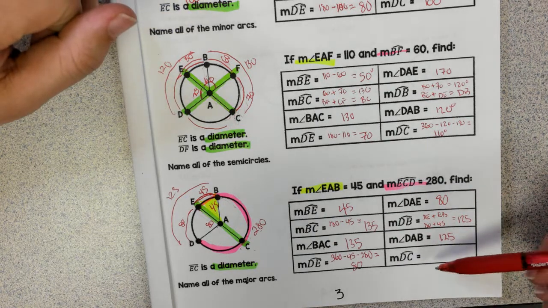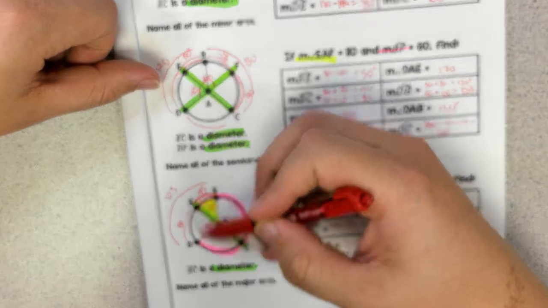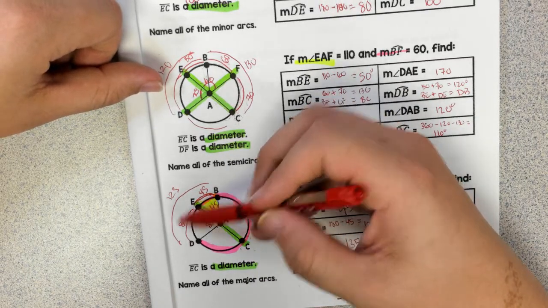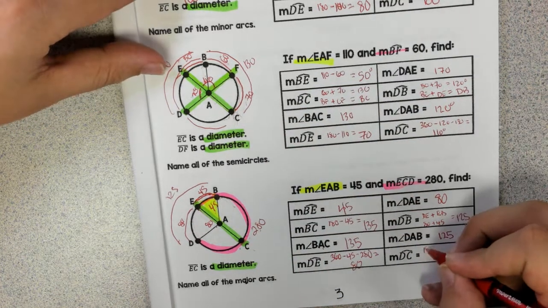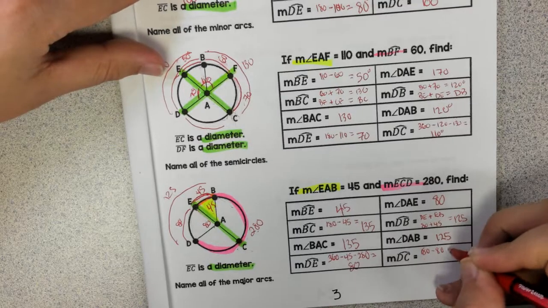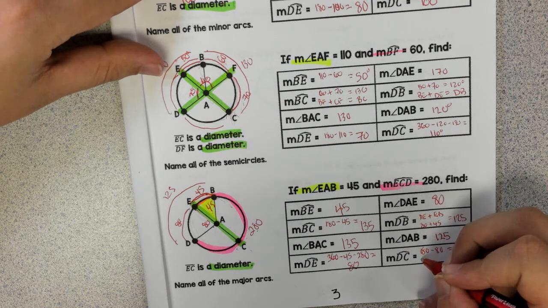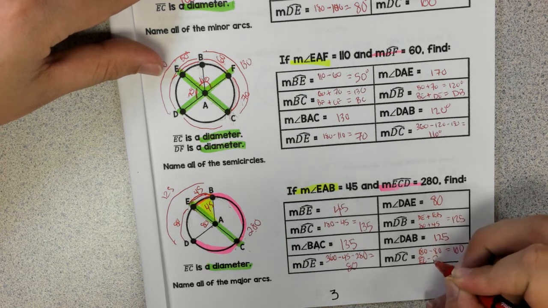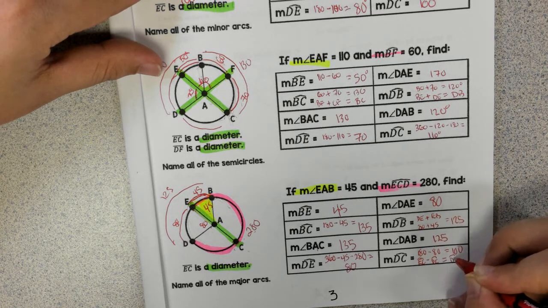Lastly, our angle for DC, well, we could say that DC is our diameter semicircle here from EC, and we could say that it's 180 minus the DE part. So therefore, I could say 180 minus 80 is equal to 100, which is the equivalent of saying arc EC minus arc DE is equal to arc DC.